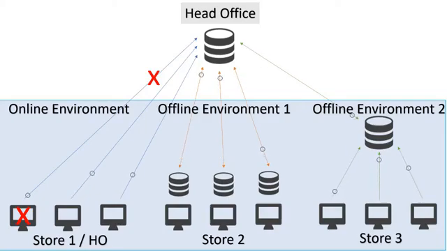Luckily, thanks to the offline capability from LS Retail, we are able to deploy offline environments through distributed databases and implement replication so that when a store's network connection goes offline, replication will stop. But once it comes back online, replication continues and data is flowing back and forth between databases again.